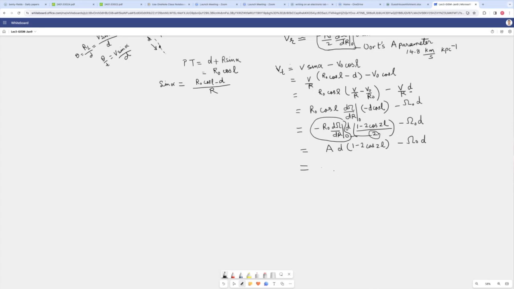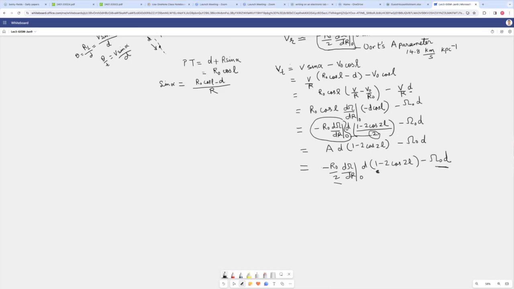So let's actually retain this. Minus r0 by 2 d omega/dr, this is A times d times (1 minus twice cos 2l) minus omega naught times d. Now, can we simplify it? We want to combine this term and this first term, which does not vary with longitude.